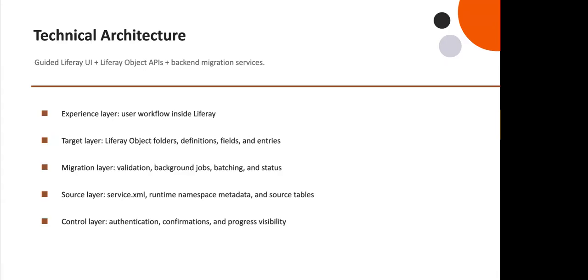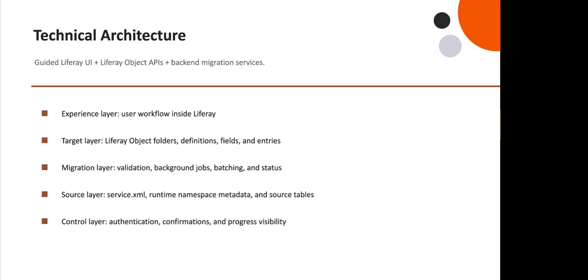One is the experience layer, how the user will interact with our application. It's basically the UI structure developed as a client extension with the front end language, which interacts with the second layer. You can say the target layer is Liferay objects, which use the Liferay out of the box objects APIs to create the folders, definitions, and the entries as well.